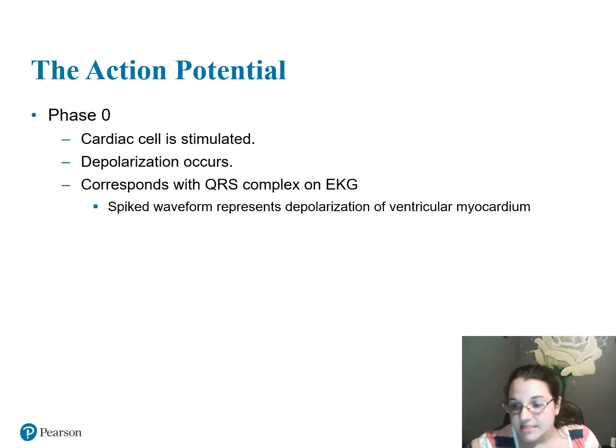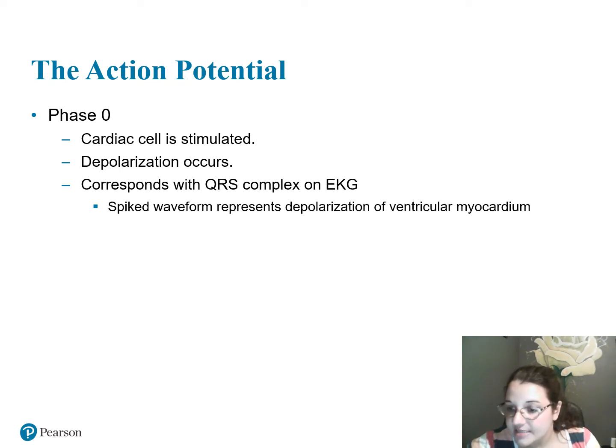The next phase is phase 0. Here, I'm going to have a cardiac cell that is stimulated. What do I mean by stimulated? An electrical current has stimulated that cardiac cell, causing it to be a positive charge. The sodium is rushing in, potassium is rushing out. This is depolarization.